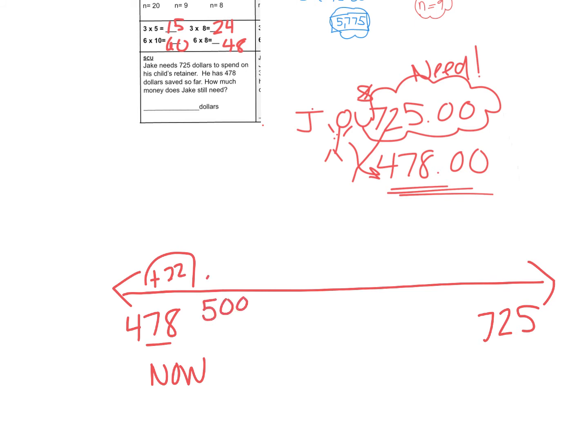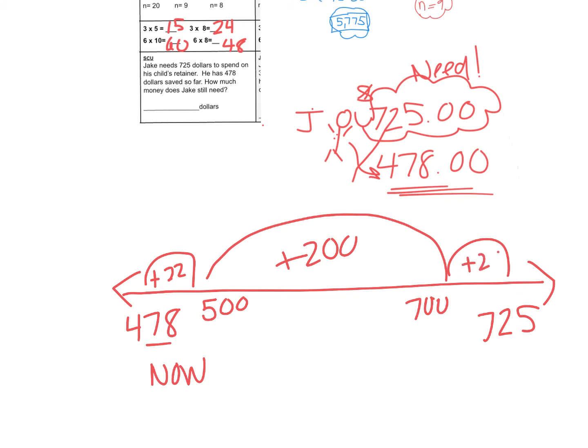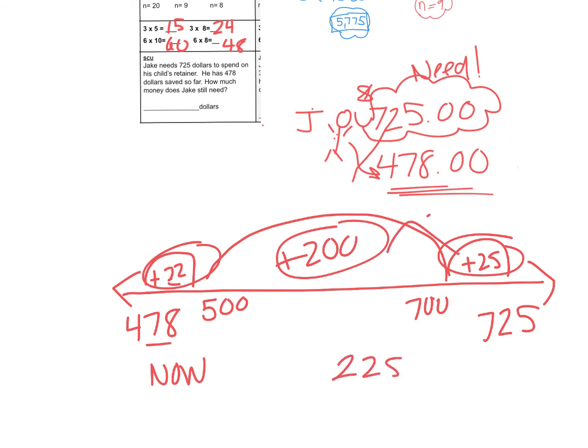Now I can take a giant jump of 200 to get to 700, and then a medium jump to get to 725. So now I need to count my jumps, what I did. I did 200, 25, and 22. So if I put these two together, 25 and 22, then I would have 200 and what?